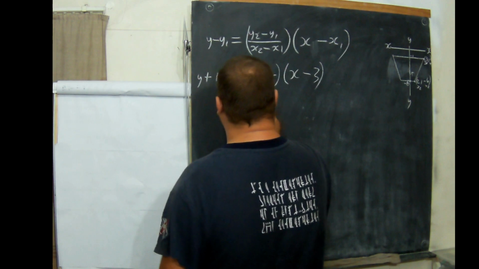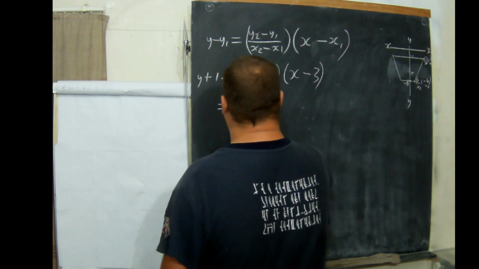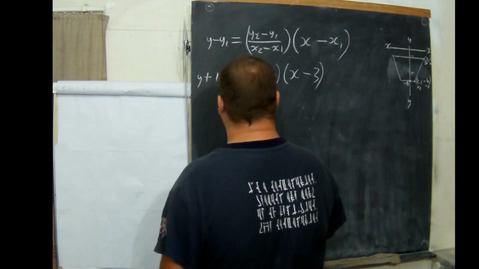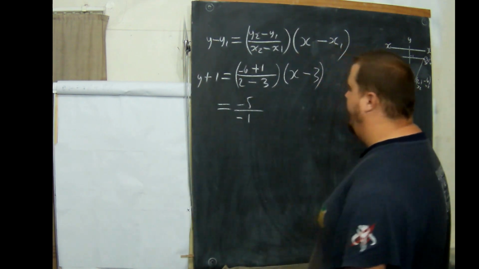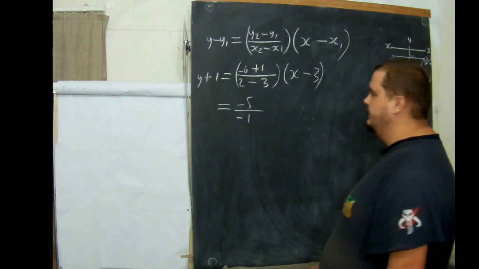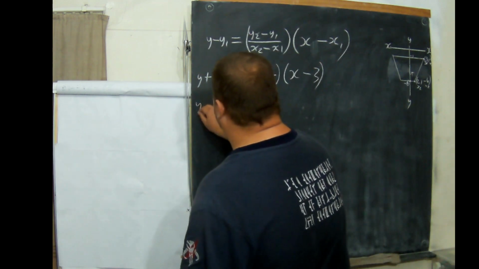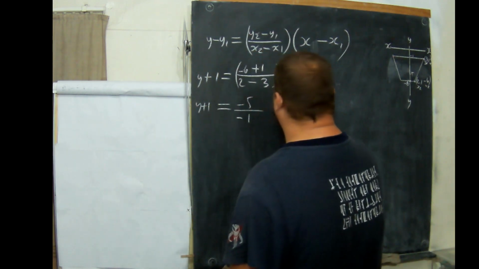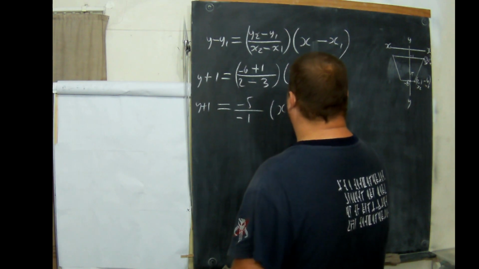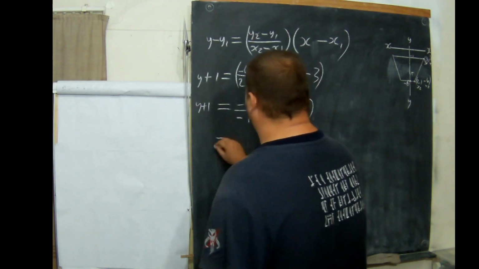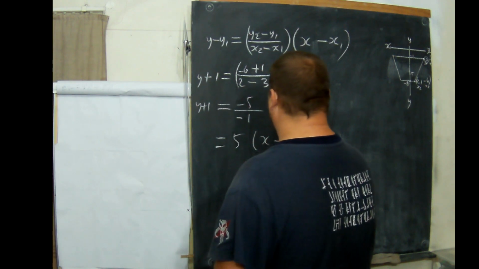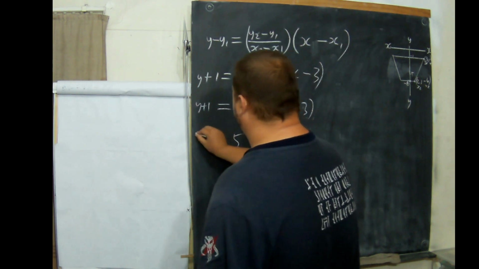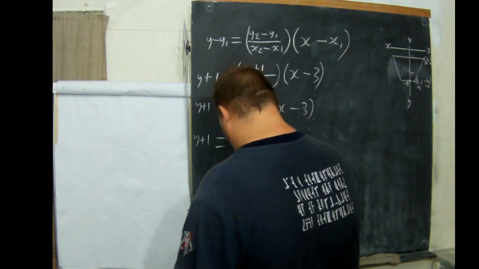So that's minus 5 over minus 1. So that's 5 over 1. So it's 5. So y plus 1 equals 5 times x minus 3.